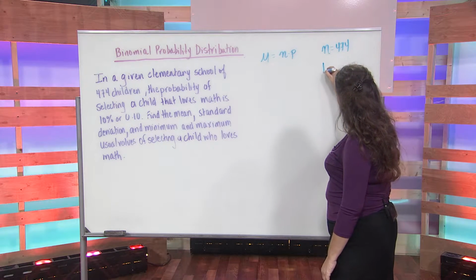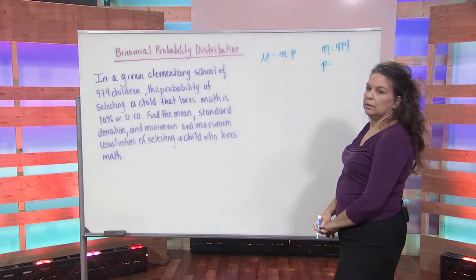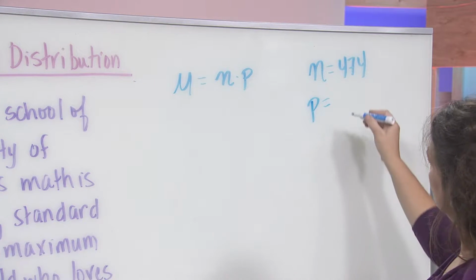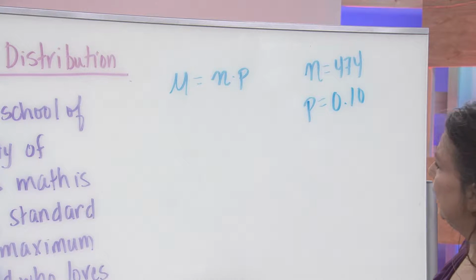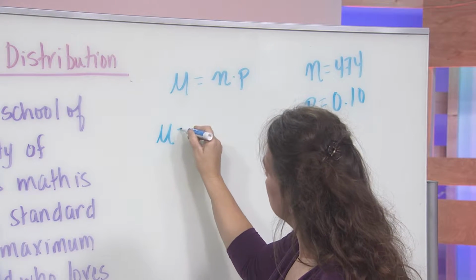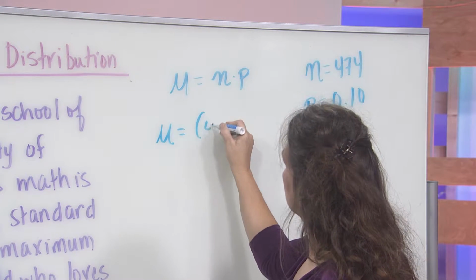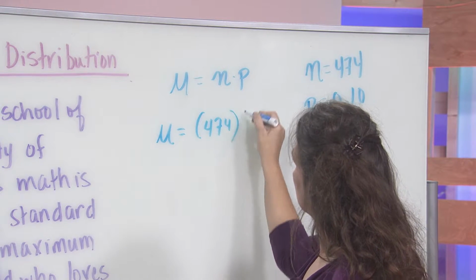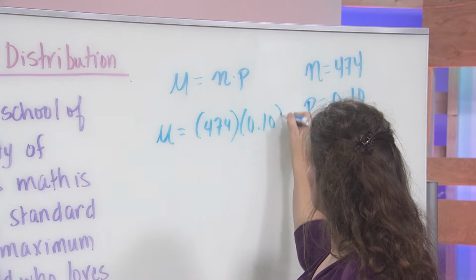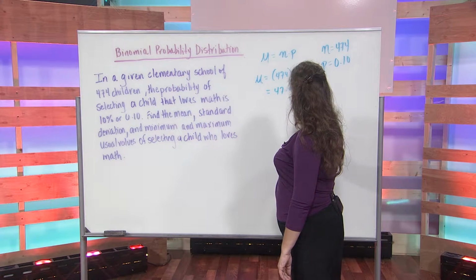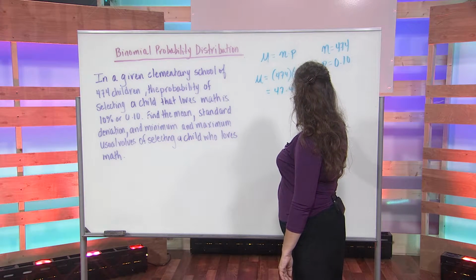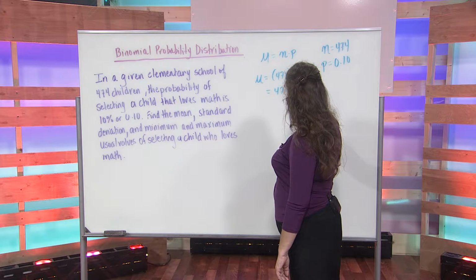And the probability of selecting a student or child who loves math is 10%, or 0.10. In order to calculate the mean, we just do the multiplication. That gives us 474 times 0.10, and that gives us 47.4 children who love math.